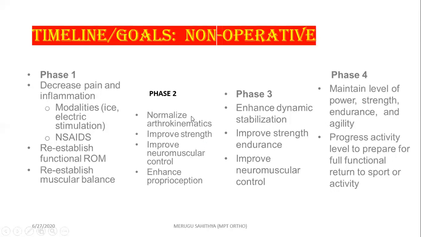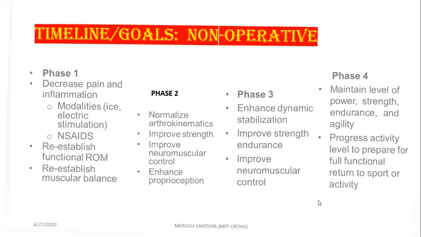For phase 2, orthokinematics should be normalized, neuromuscular control and strength improved, and proprioception encouraged. For phase 3, enhanced dynamic stabilization, strength, and endurance should be improved along with neuromuscular control. For phase 4, maintain the level of power, strength, endurance and agility, and progress activity level to prepare for full functional return to sport or activity.